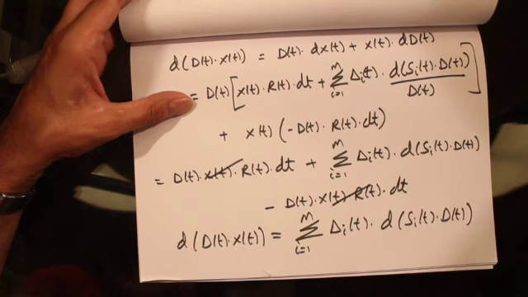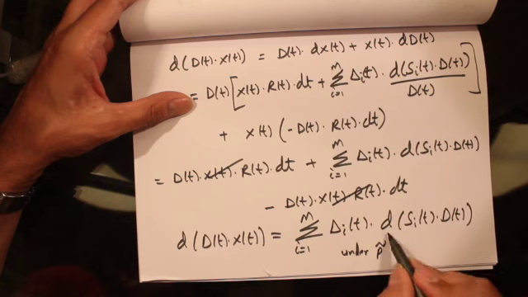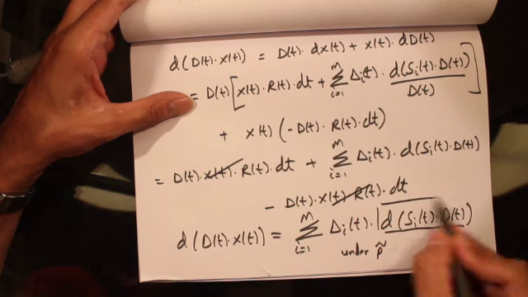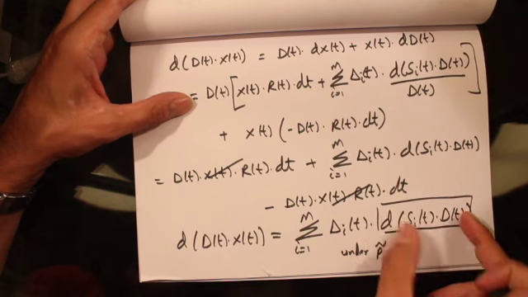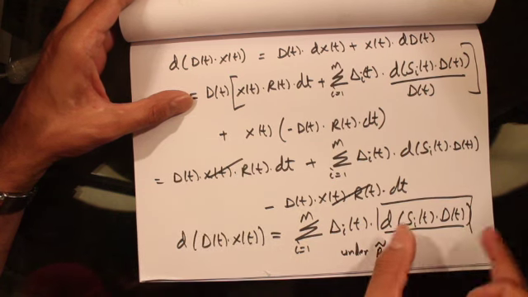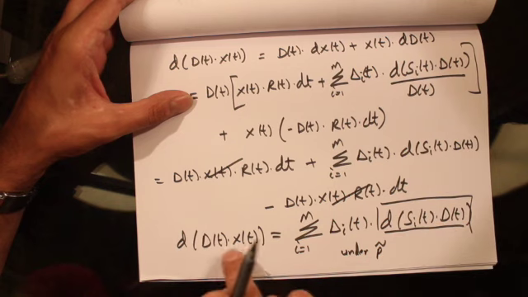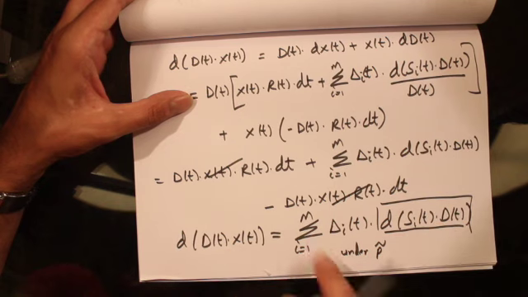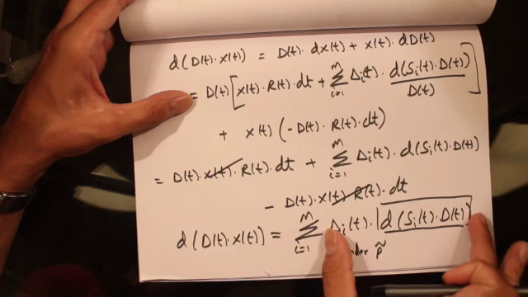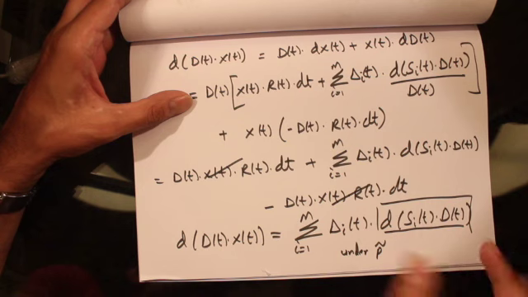Now we just said that under P tilde, the discounted value of our stock process was a martingale. We just showed that. So if under P tilde the discounted value of the stock process is a martingale, the discounted value of the portfolio process is also a martingale, because this is nothing but a sum of Ito's integrals, and an Ito's integral, we just said, is a martingale under P tilde.